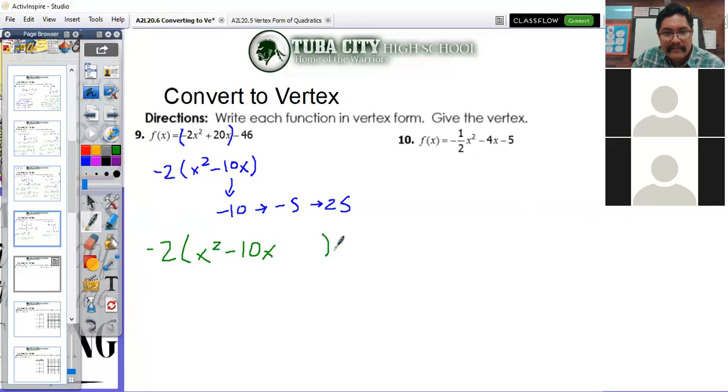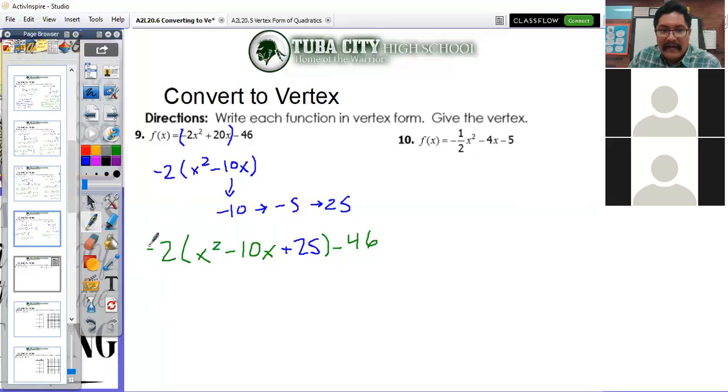Leave a space. And it looks like we also have -46 here. And now I have to add 25. And when you have it in this parenthesis, just kind of a hint, it's always going to be a positive number, because you can't really take a perfect trinomial if it's negative, because if it's negative, that means it can't be a perfect trinomial. I'll keep it simple.